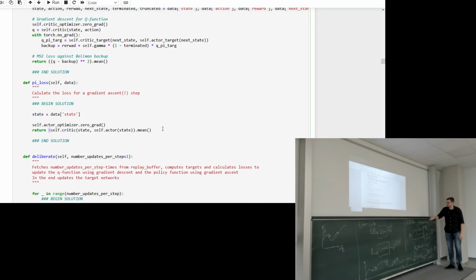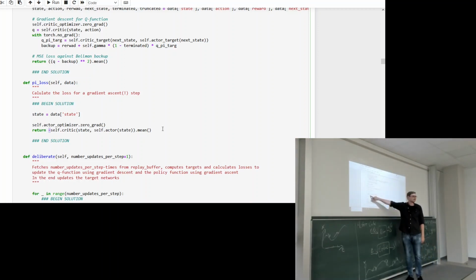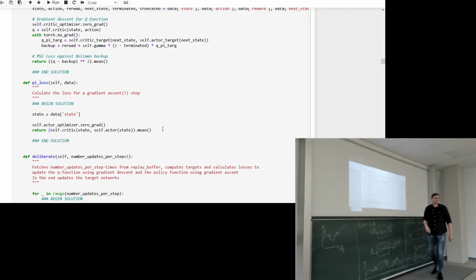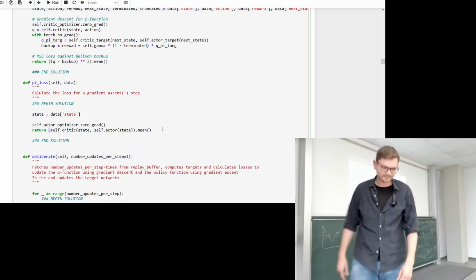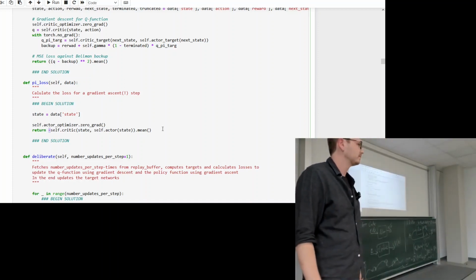But we try to maximize this. Our optimizer will try to minimize that, so we put a minus in front. So minimizing minus will make maximization in the end. So we get what we want. So accounted for. Questions to that?